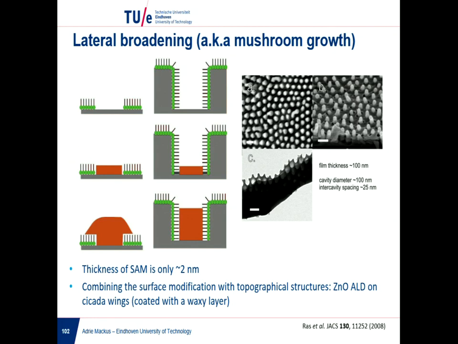If you then perform, for example, zinc oxide ALD on that, then you grow on the bottom, but not on the sidewall, which means that if you do the deposition, then you get pillars where the height is larger than the width. In other words, it seems that here you don't have this lateral broadening.